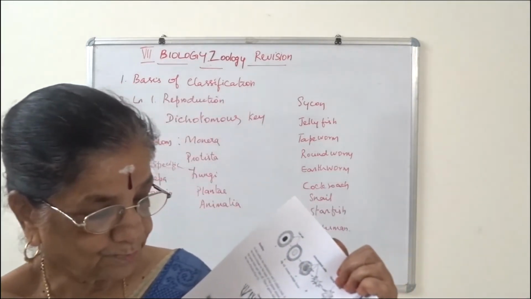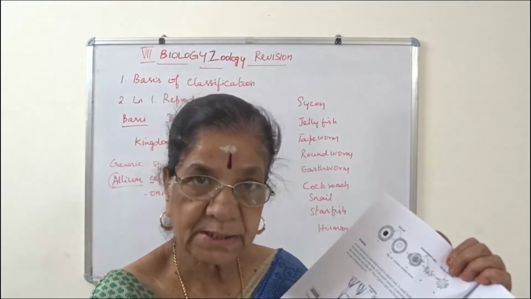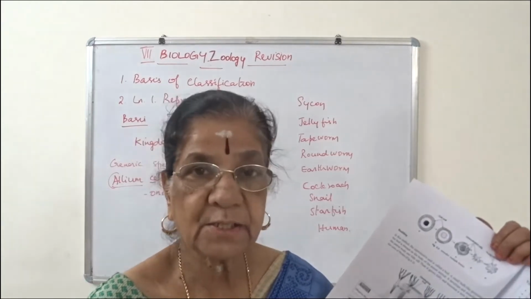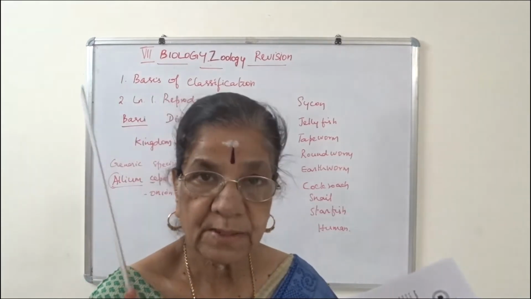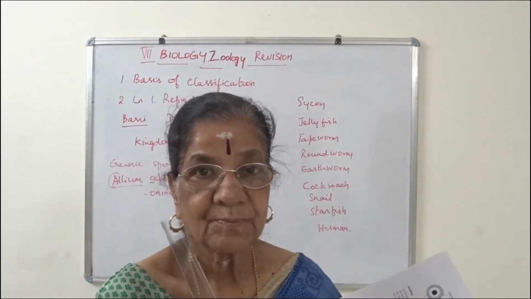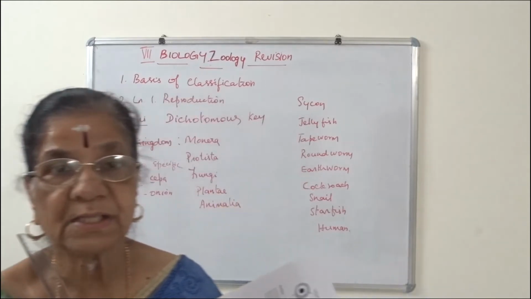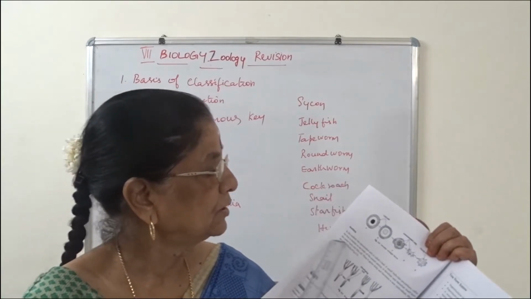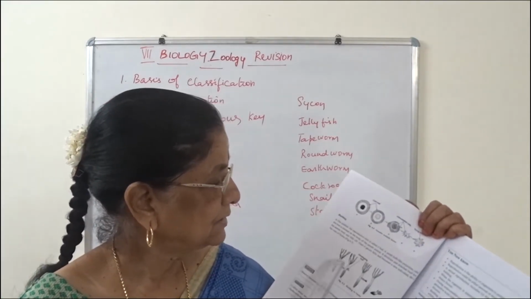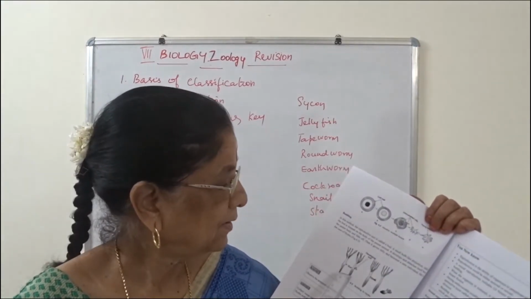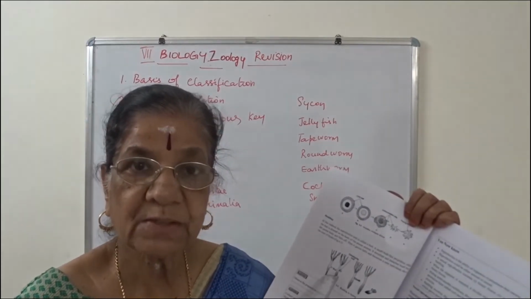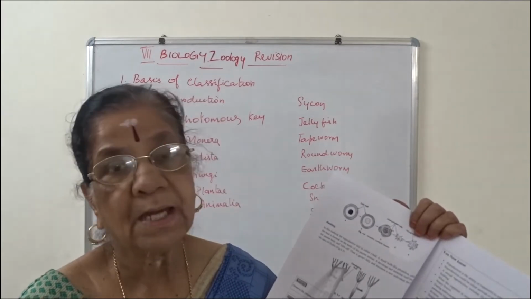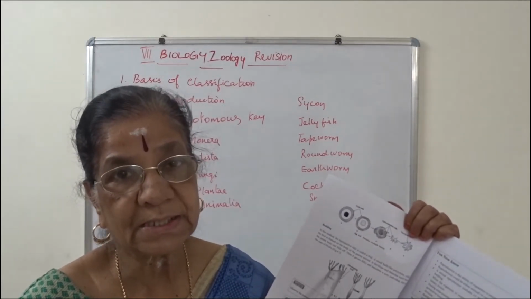I hope you follow. And then budding. It is a typical example for Hydra, phylum Coelenterata, which we have learnt in the basis of classification. Here, this is Hydra having a basal disc, as we have done in practicals, and the upper side is the mouth and tentacles.